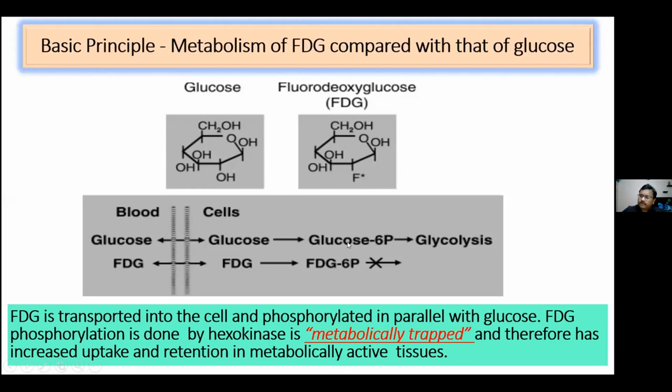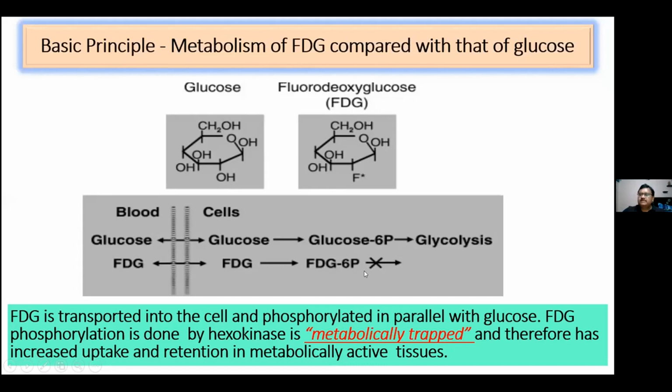It is converted into glucose 6-phosphate and then undergoes glycolysis. What happens with FDG? This is 18 fluorodeoxyglucose. When it goes into the cells by the transmembrane proteins, it is again phosphorylated similarly to glucose. It becomes FDG 6-phosphate. But from here the cycle stops.